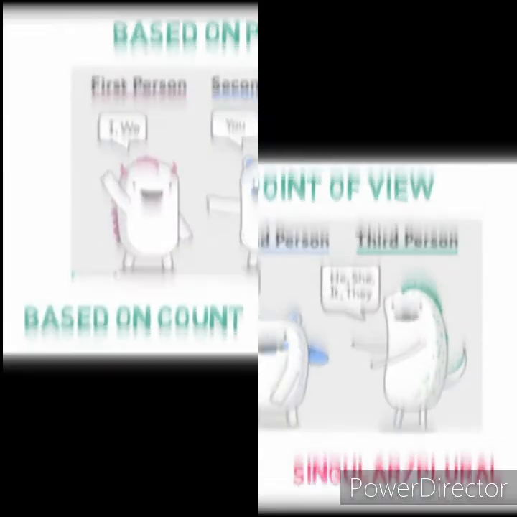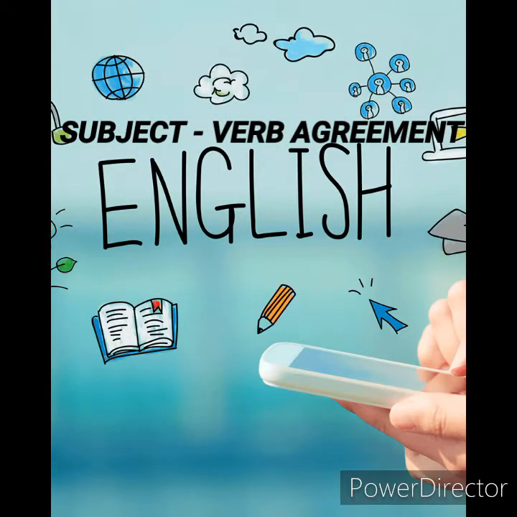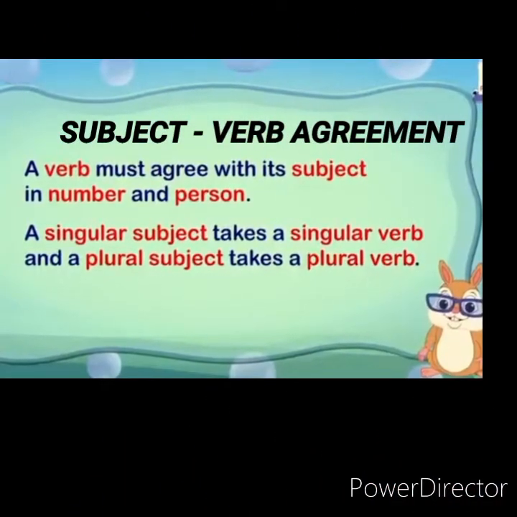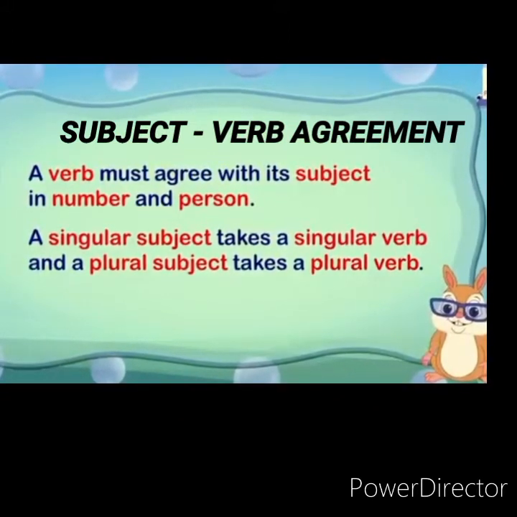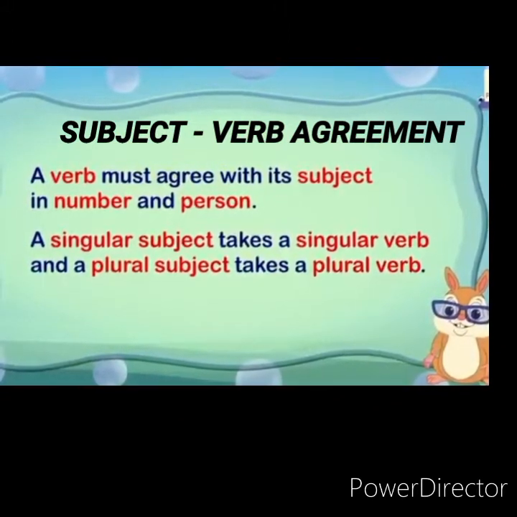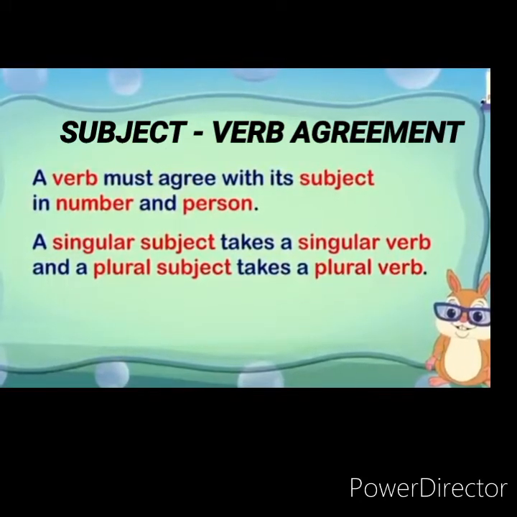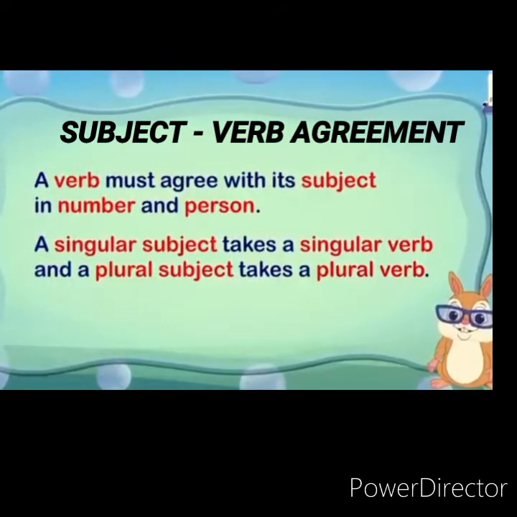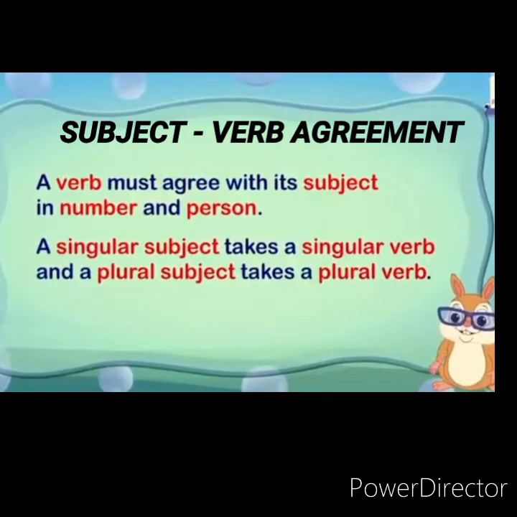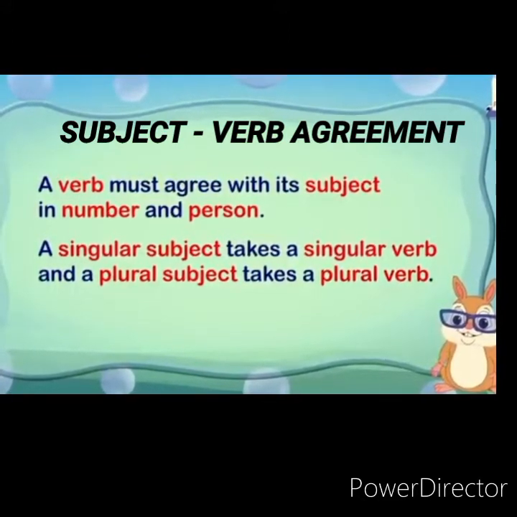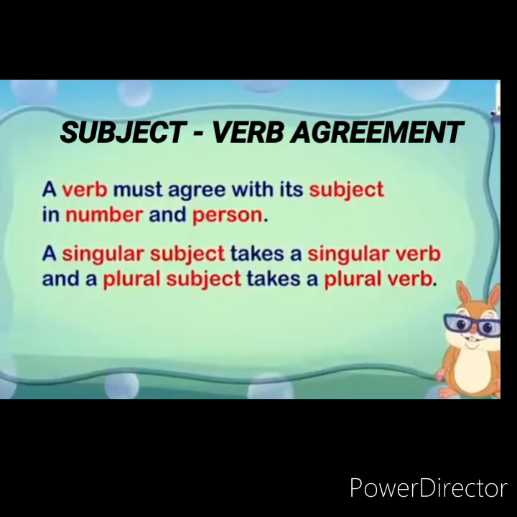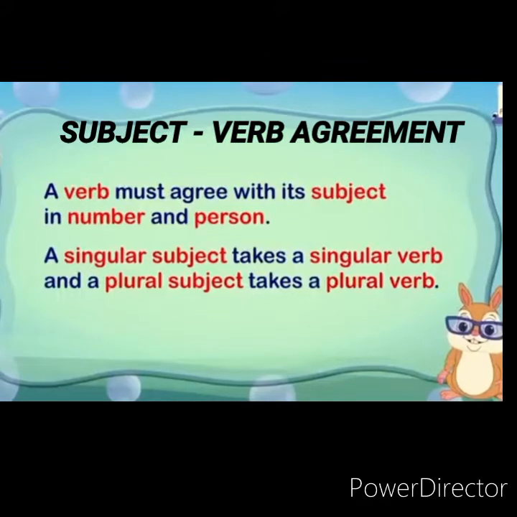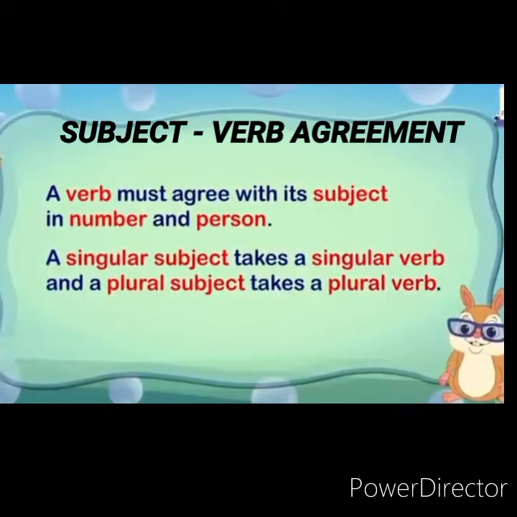So now, what is subject-verb agreement? Students, for making a sentence grammatically correct, a verb must agree with its subject in number as well as in person, which means that a singular subject will always be followed by a singular verb, and a plural subject will always be followed by a plural verb.